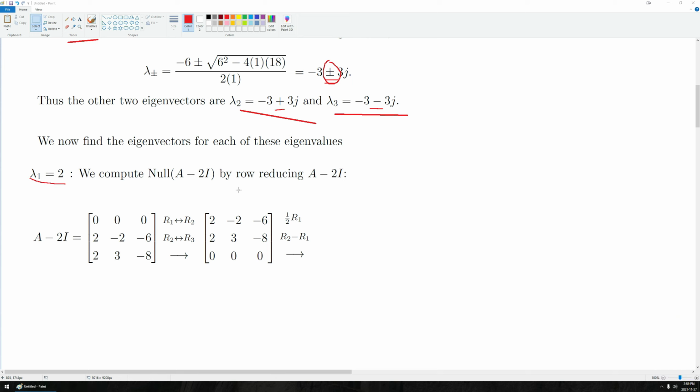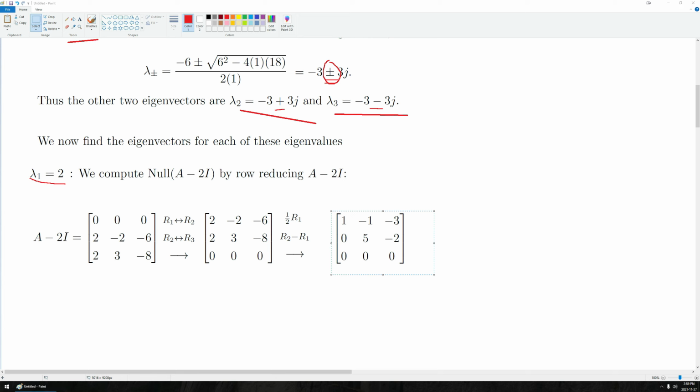You can do this because I'm using the old row here, and it's a valid, quicker way of doing it. If I divide the top row by 2, I get 1, negative 1, 3. For the next row, 2 minus 2 gives 0, 3 minus negative 2 gives 5, and negative 8 minus negative 6 gives my negative 2 here.